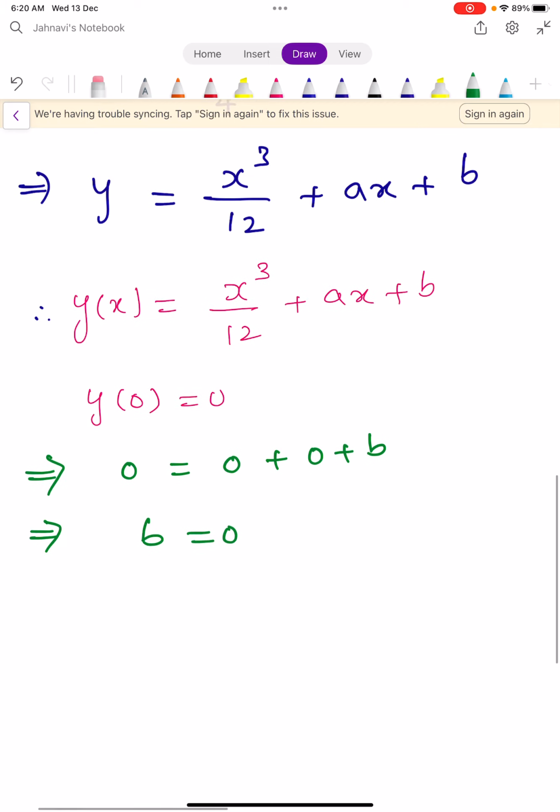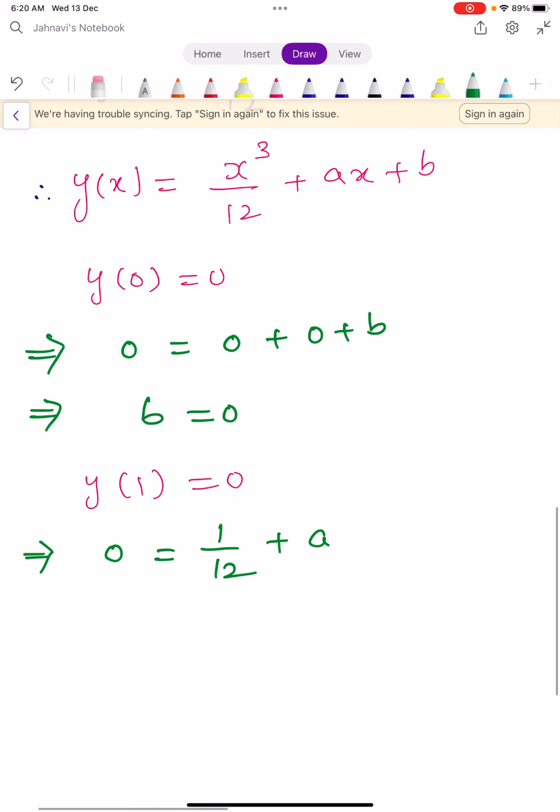Now what is the second boundary condition? The second boundary condition is y of 1 is equal to 0. If you apply it, you get 0 is equal to 1 by 12 plus a. This implies a is equal to minus 1 by 12.